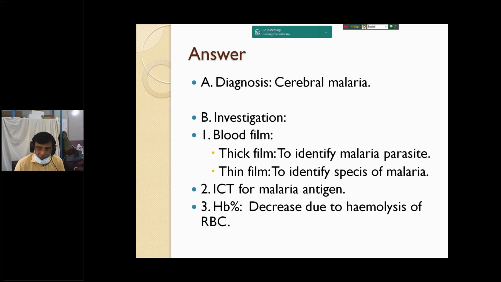First investigation is blood film, thick film to identify the malarial parasite, and thin film to identify species of malarial parasite. ICT for malarial antigen and hemoglobin percentage, which may be decreased due to hemolysis of RBC in cerebral malaria.